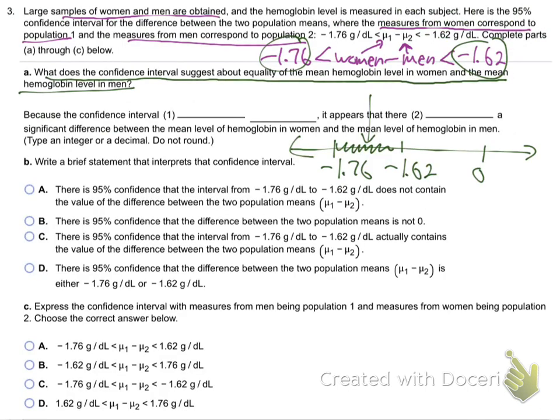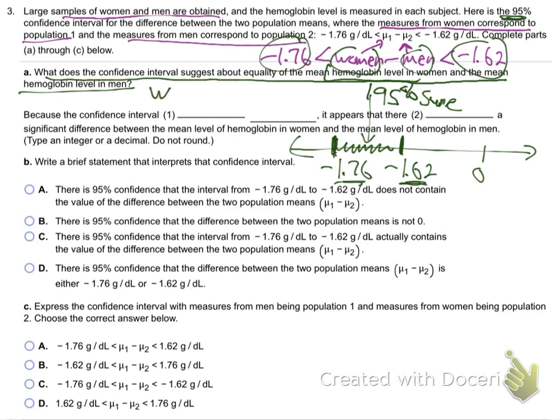Because these are negative values, women minus men, we're pretty confident that the difference is negative. It's between negative 1.76 and negative 1.62. We're 95% sure of that.